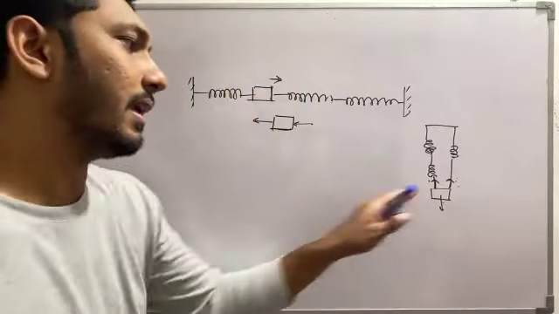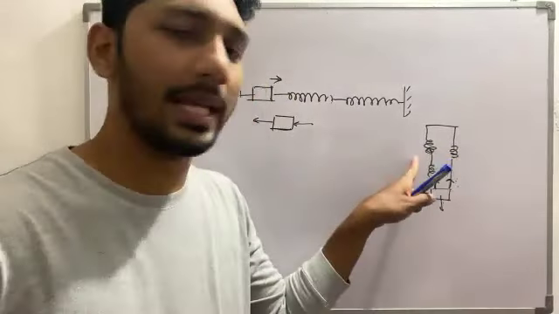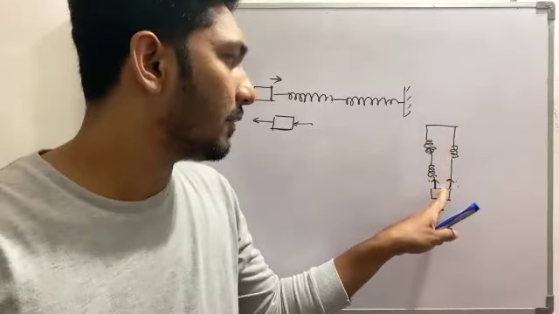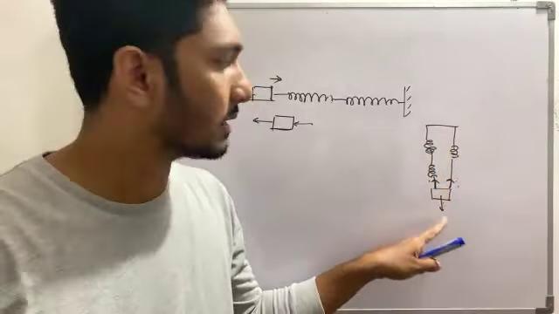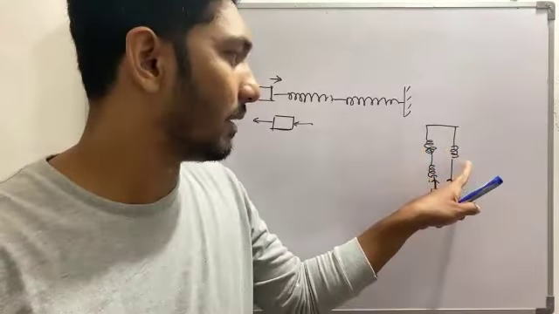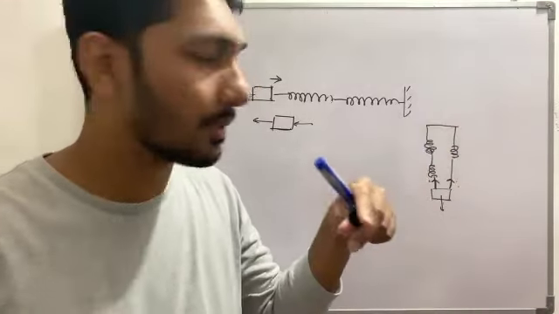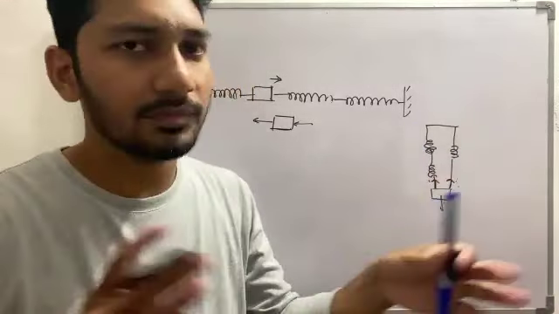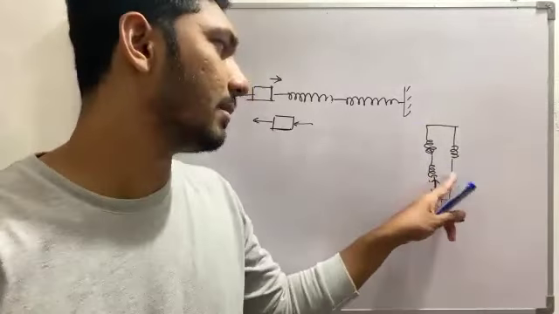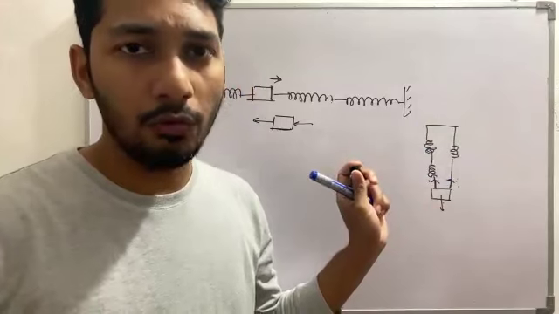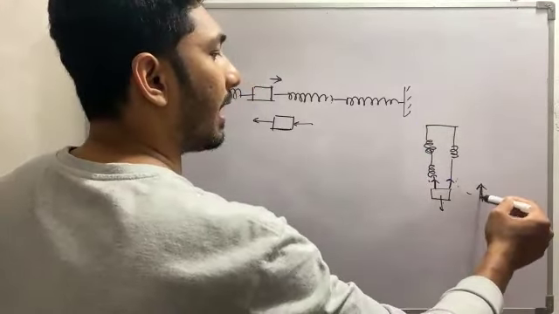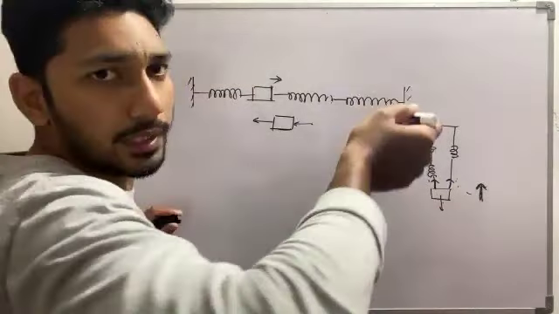So when you connect two spring systems in parallel like this, one system, second system, and you pull it through a distance, this one will be stretched. There will be a change of length, and according to Hooke's law, there will be some force, tension. Both tensions will add up and pull it upwards.